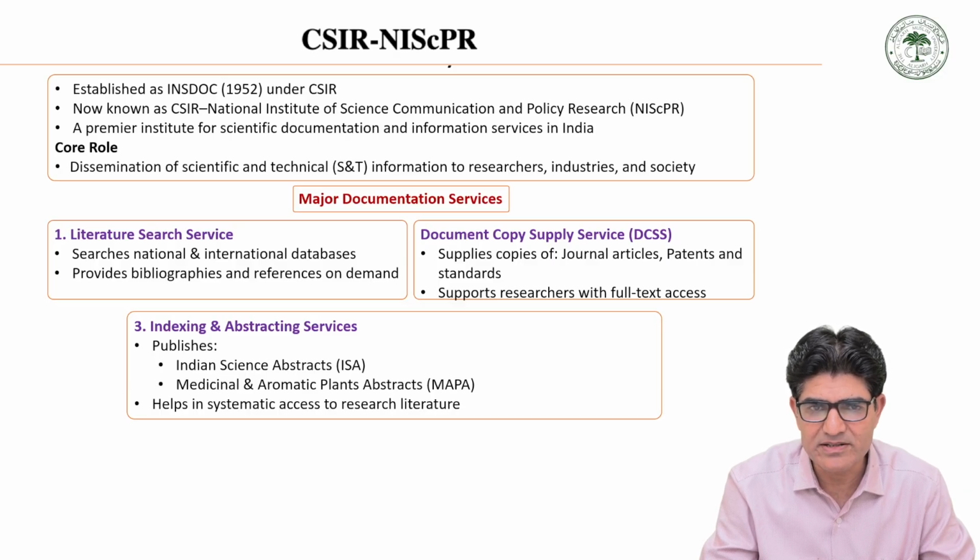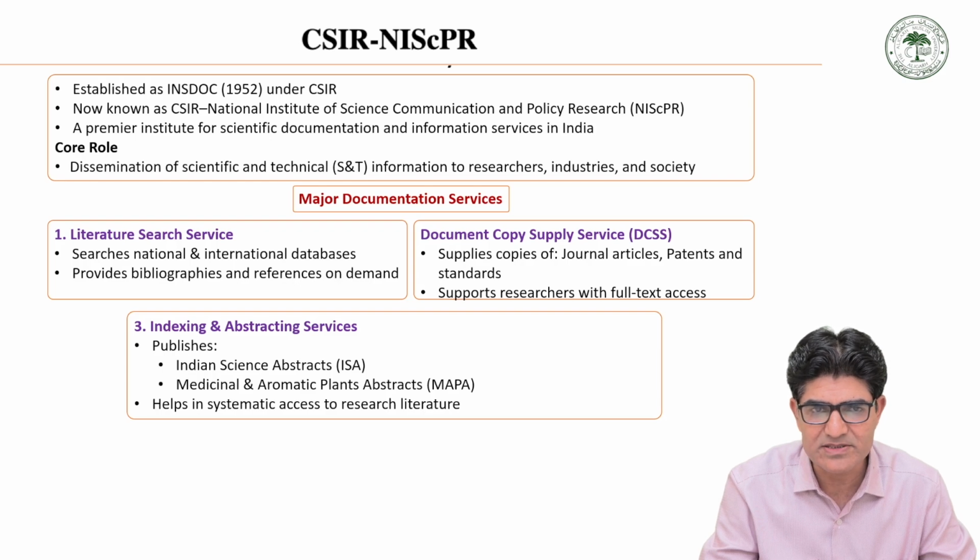Another important documentation service is the document copy supply service, where the copies of journal articles, patents, and standards are supplied to the researchers on demand. And it also supports full text access to different databases.